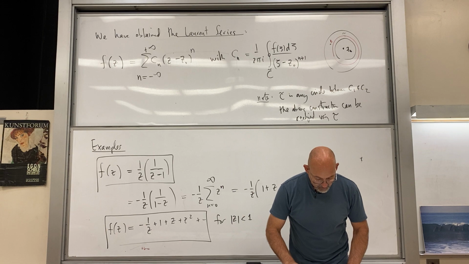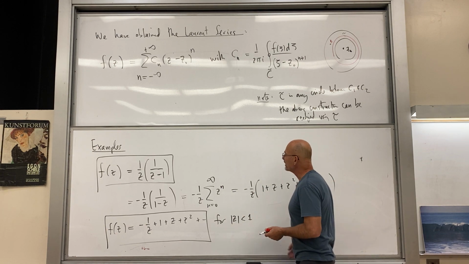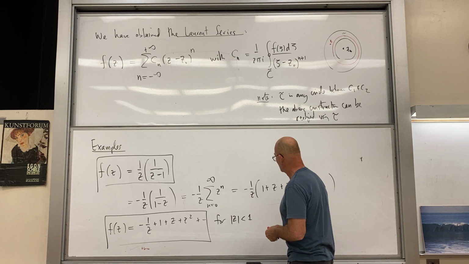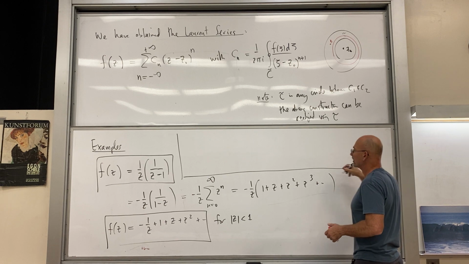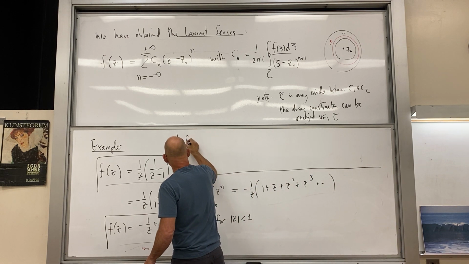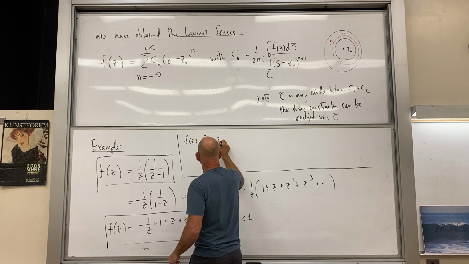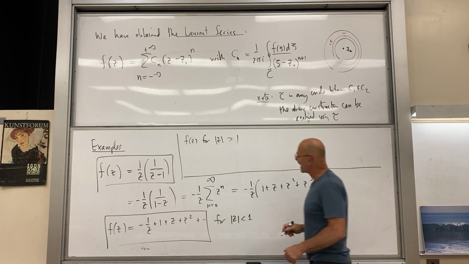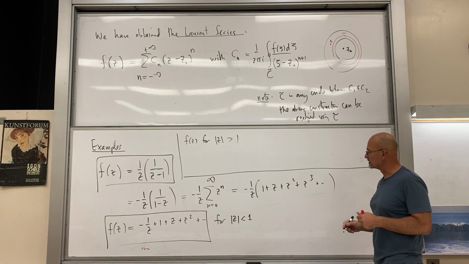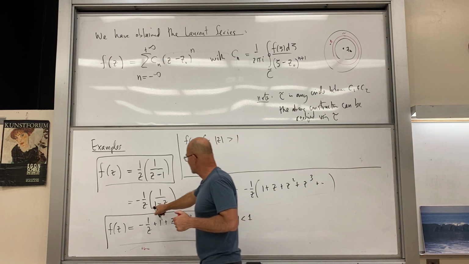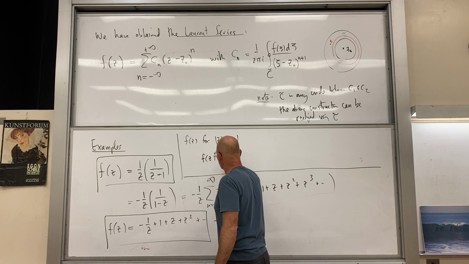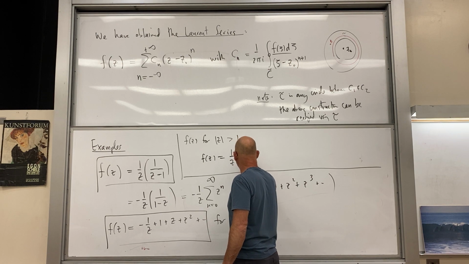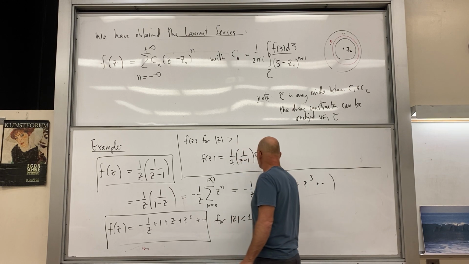Now, what about for z greater than 1? Use this part of the board. Same f of z, magnitude of z greater than 1, so outside the unit circle. We want to do a trick, so we'll have f of z equals 1 over z times z minus 1.